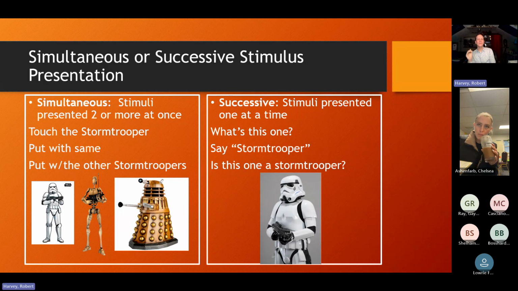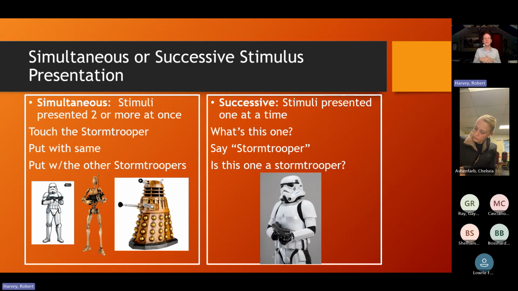Okay, now if you're thinking to the next step, which some of you might be, you're like, well, Rob, in the real world, there are always multiple stimuli present. So isn't it always simultaneous presentation? The answer to that really is yes. But I do want you to understand that in the teaching environment, in the vacuum of teaching that we want to achieve, you do want to be able to have singular stimuli that you're presenting, right?